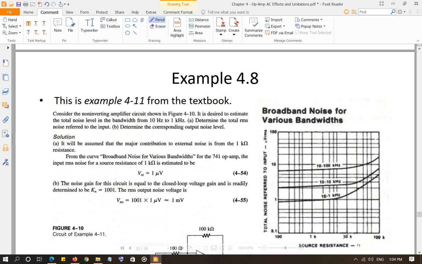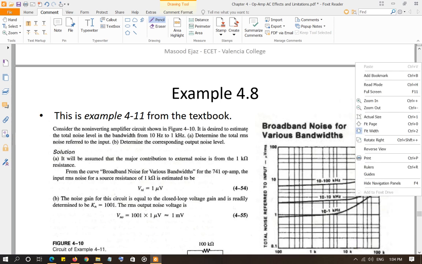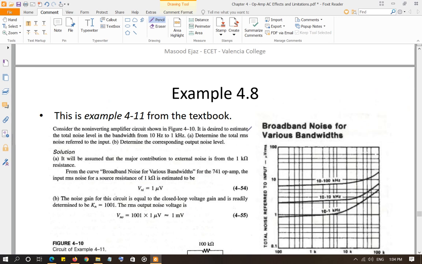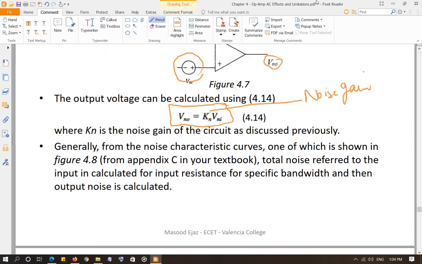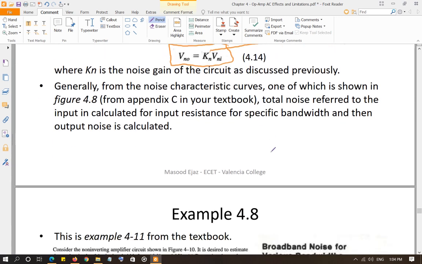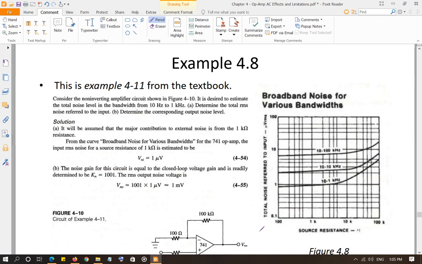Whatever the resistance connected at the input is considered the input source resistance, because you're applying the voltage at the input, and the input referred noise is on the y-axis.